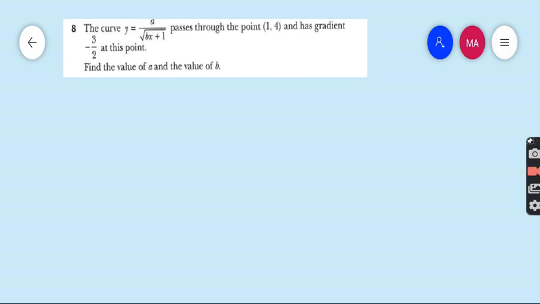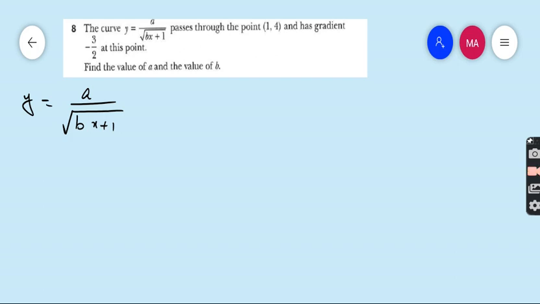Question number 8 is, the curve y is equal to a upon root of bx plus 1 passes through the point 1 comma 4 and has gradient minus 3 upon 2 at this point.